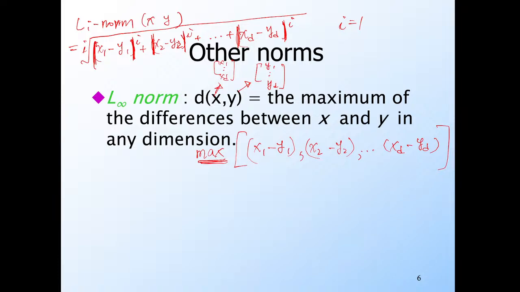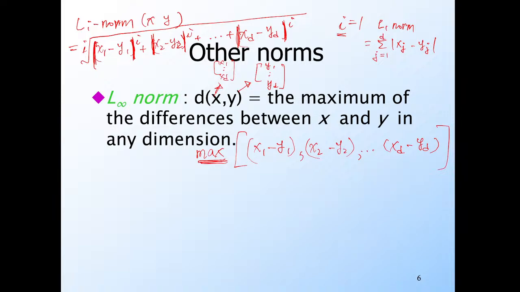If i is 1, then we come back to the L1 norm, which is simply what we said: summation of the absolute value of xj subtract yj, with j from 1 to d.